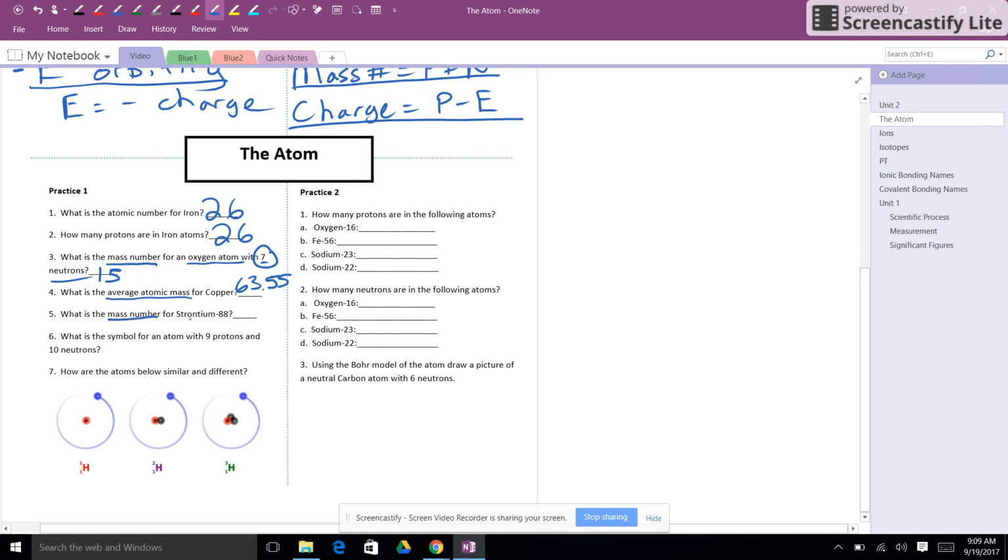What is the mass number for strontium-88? That's what that 88 right there means. So when you see a number after the name of the element, that number always refers to the mass number of that element. Okay, what is the symbol now for an atom with 9 protons and 10 neutrons? So I would start out right here, 9 protons.